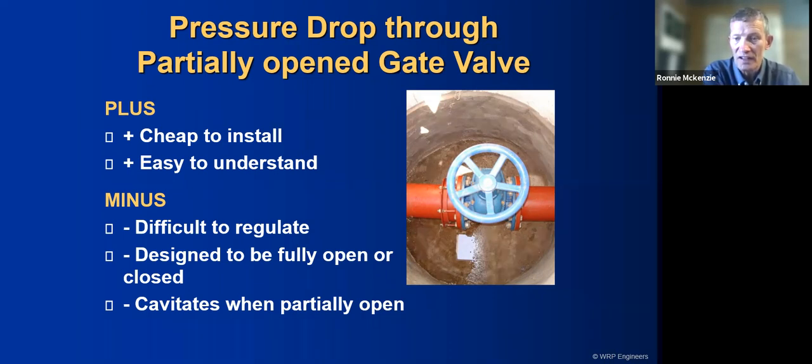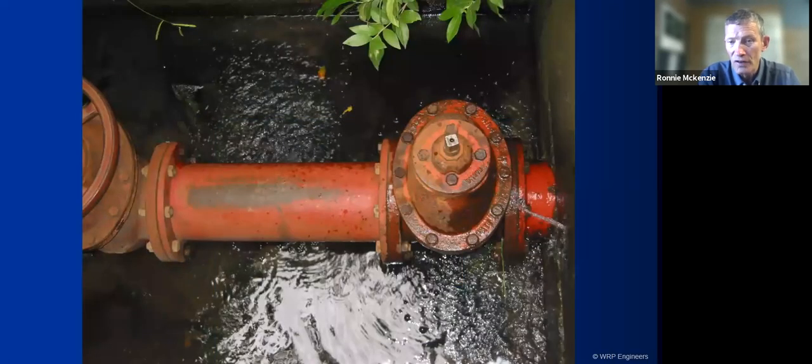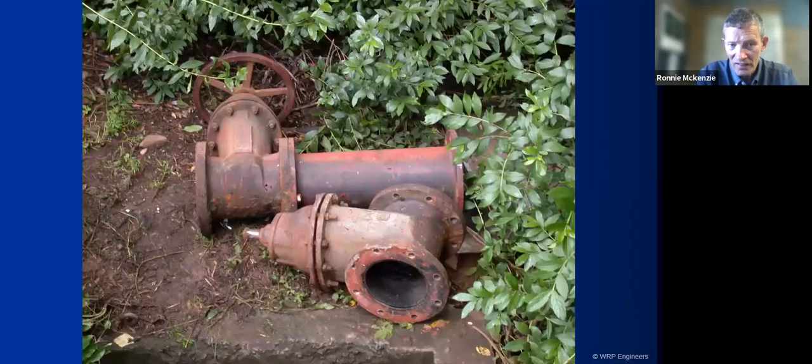They're not designed to control flow and to throttle flow. If you use a valve to throttle flow over a period of months or years, it will start to give you problems, and it will often cavitate at the seal, and it will eventually leak.